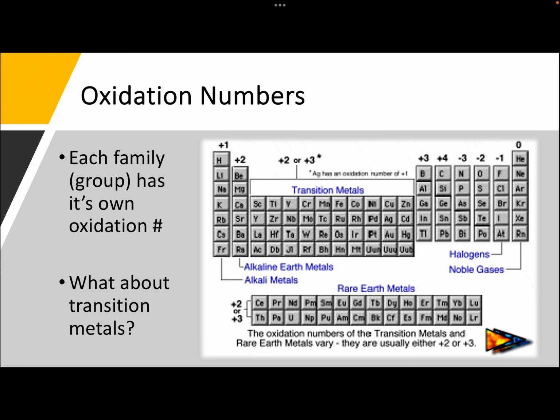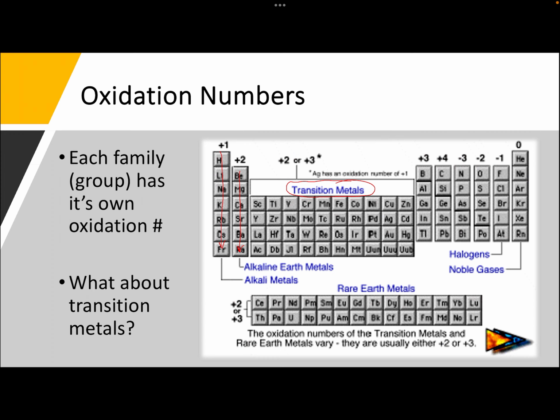So each group or family has its own oxidation number. Here's a bigger picture there. Again, this idea that plus 1 extends all the way down the group. So lithium, sodium, potassium, rubidium, cesium, francium, all have plus 1. All of these have plus 2. Transition metals, again, we'll see those in a minute.